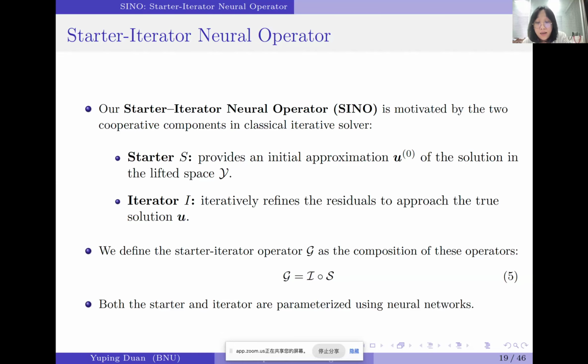Based on this idea, SINO has two basic modules. The starter gives an initial approximation in the lifted feature space. The iterator then refines the residue step by step. The two modules have different roles, but both are parameterized using neural networks.